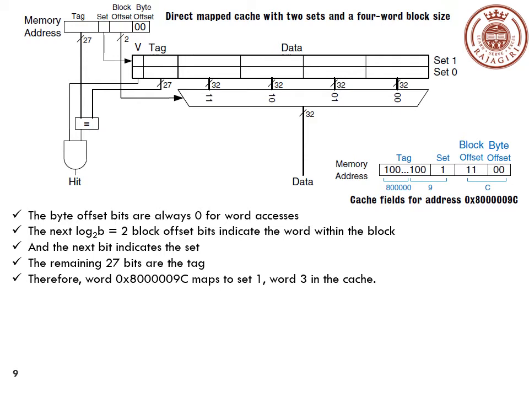So the set value is 1, which means that you are going to set 1, and from set 1 the block offset is 11. The multiplexer will be given the control signal 11, so it will take the data from the fourth word. In general you can say word 0, word 1, word 2, word 3. So this will be taken from word 3.